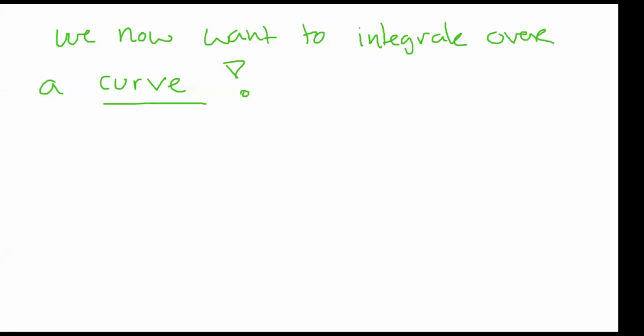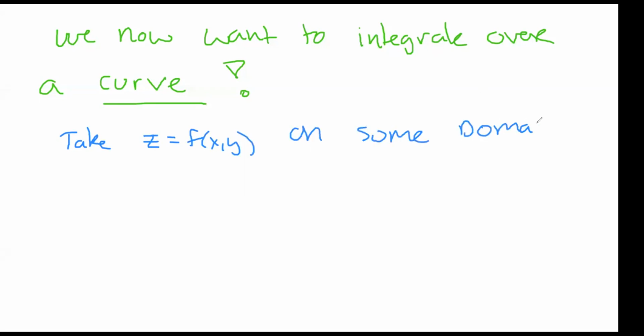So let me try to make this as clear as possible, although I'm not suggesting that it's easy. So let's imagine we take z equals f of x, y on some domain D. So we're taking an input of two variables.